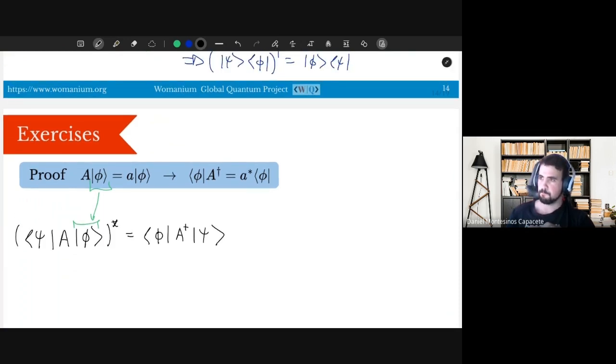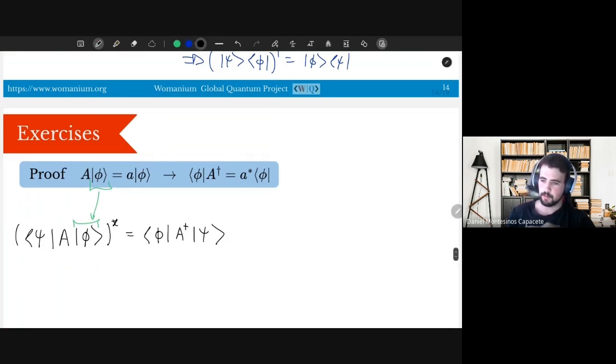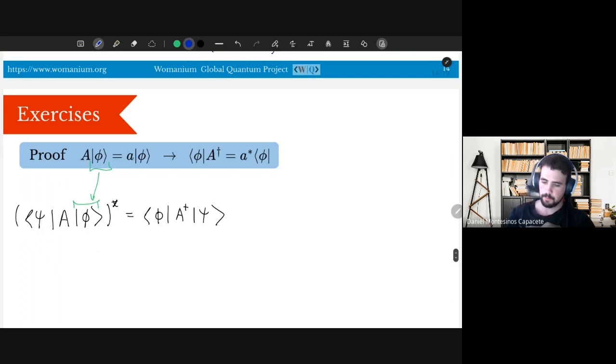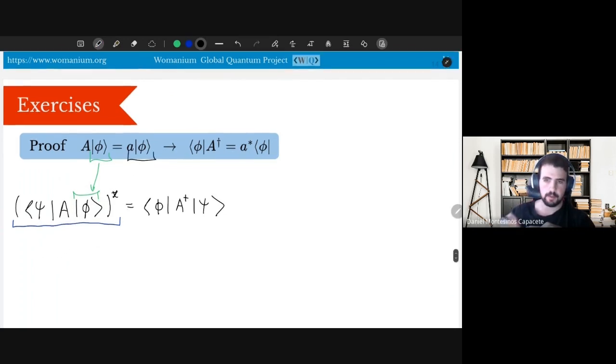So if we have this from here, I could say, okay, I apply the operator to my vector. And if I do this, I get this, by definition of how the operator acts on this vector.